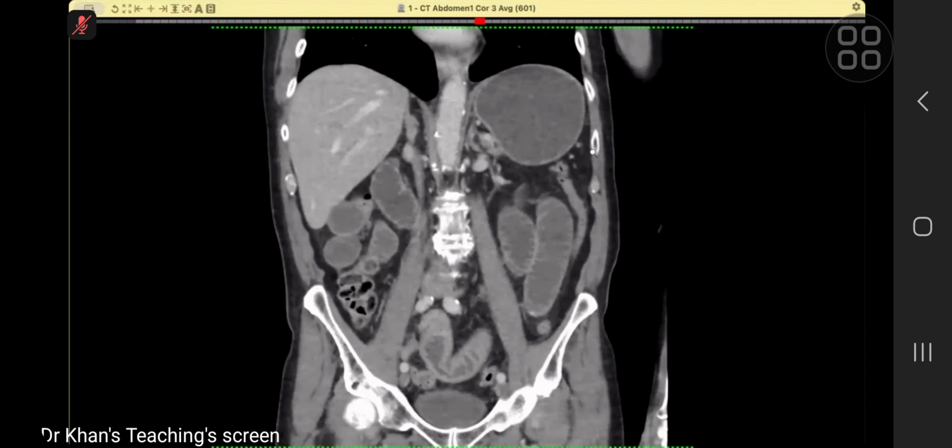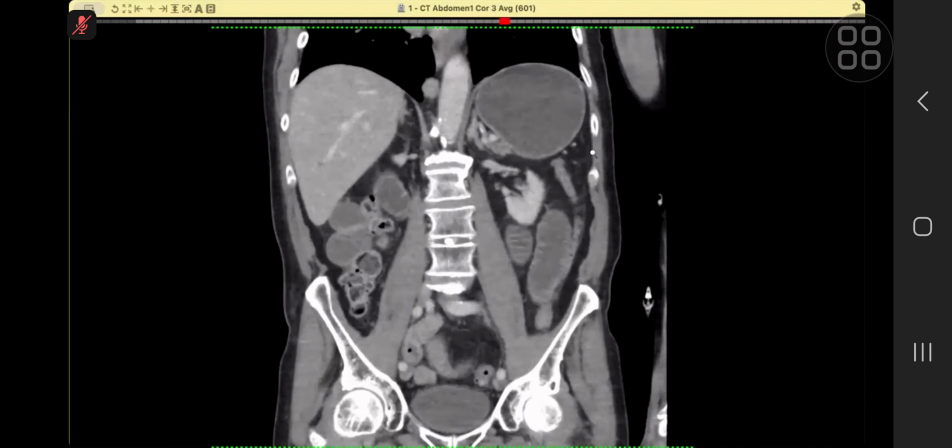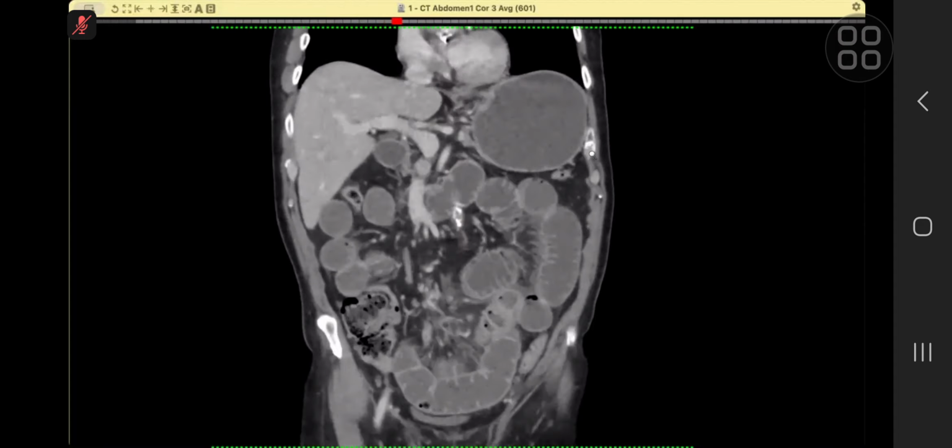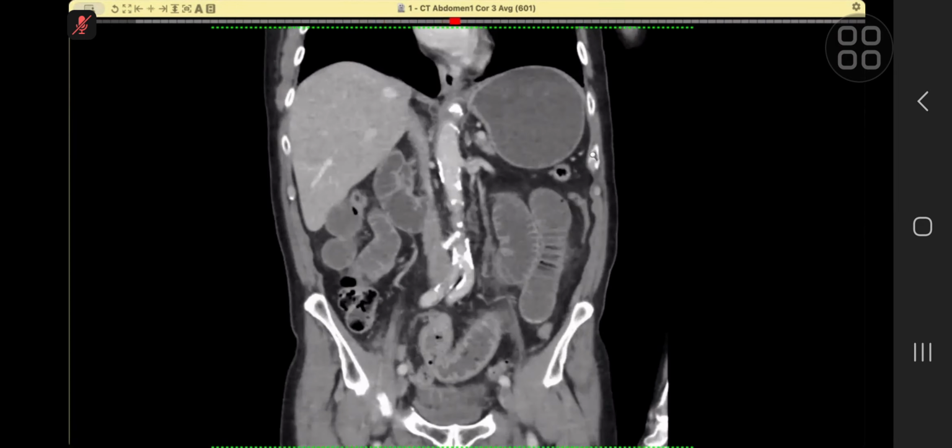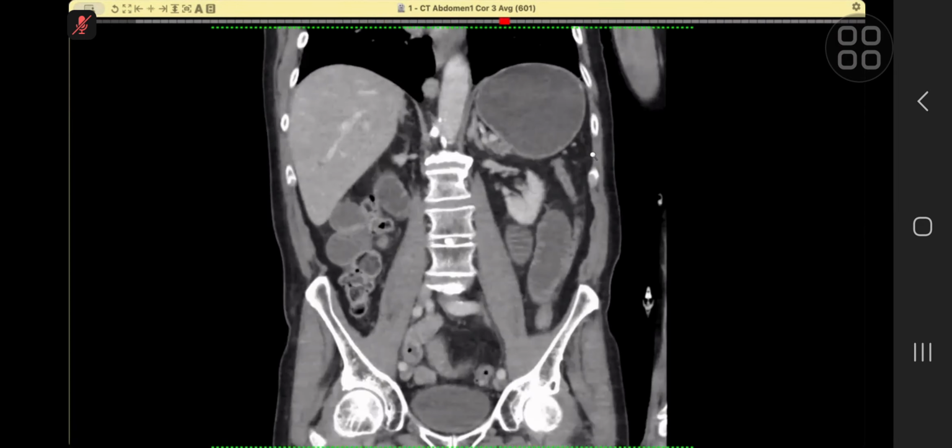I'm checking the coronal images. Yes, my only concern is that there is a long segment of thickening involving the small bowel in the pelvis area.